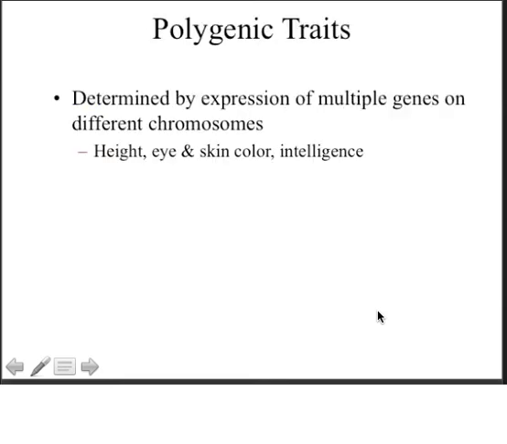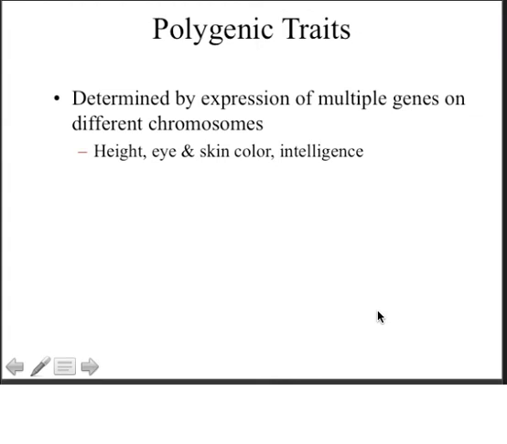But it turns out that most traits that we think of when we think of human characteristics are not inherited in any of these three patterns. Most traits are polygenic, meaning more than one gene is going to have an influence on the manifestation of that physical characteristic. And so examples of this include intelligence, height, weight, and eye and skin color, just to name a few.